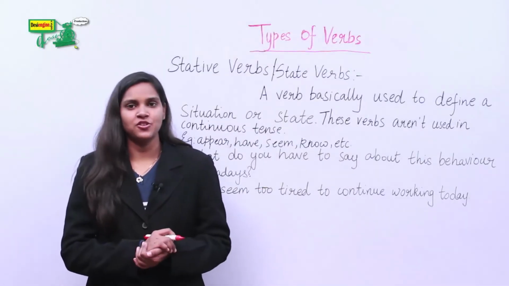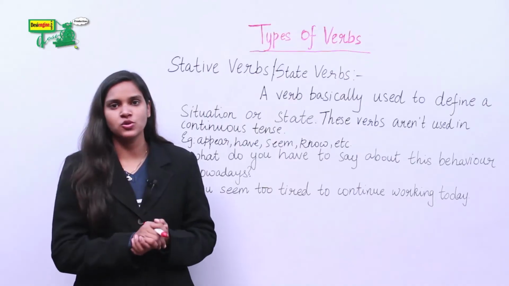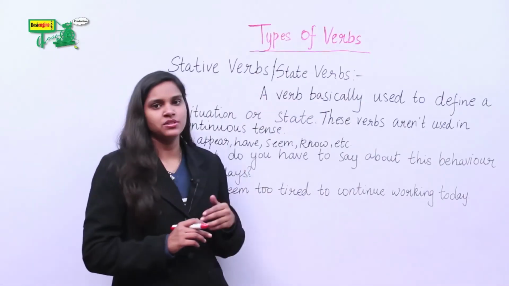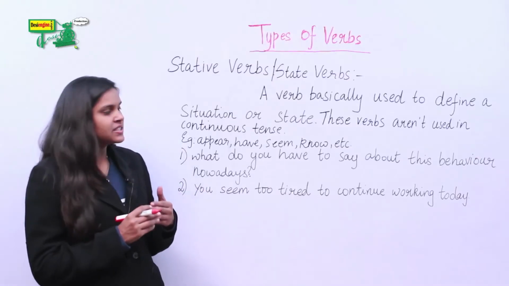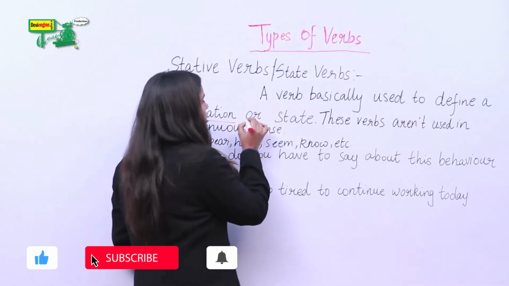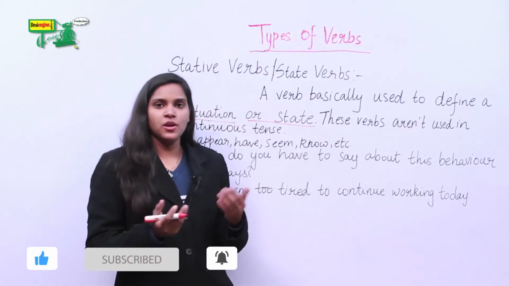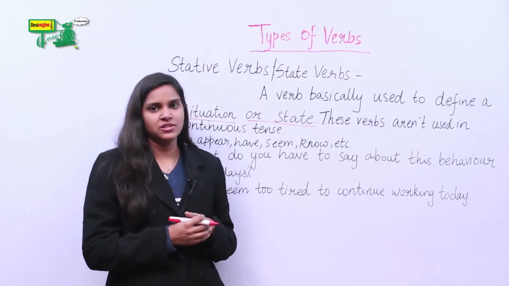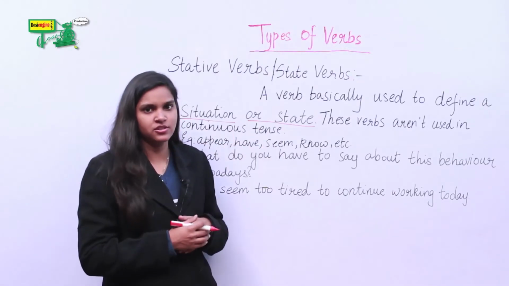Let's do the next kind of verb, that is stative verbs, which are also known as state verbs. Stative verbs are verbs that are basically used to define a situation or state. One of the important factors of this verb is that these verbs aren't used in continuous tense.